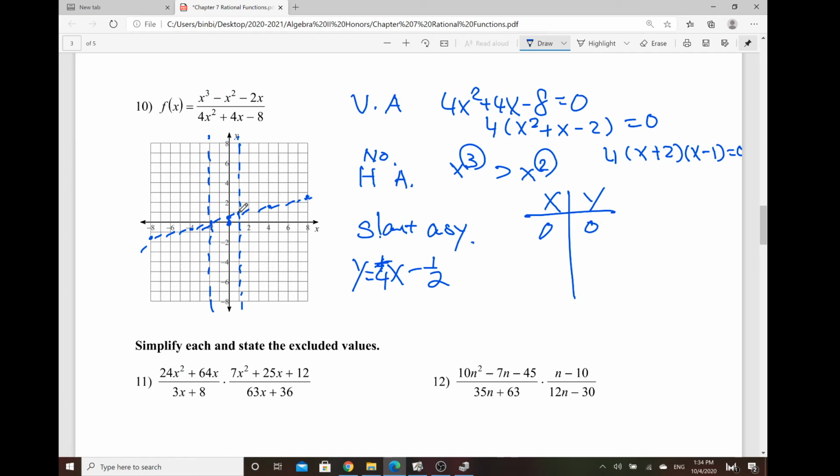And now, what about the other x-intercepts that we can find here? So set y equals 0. Remember, we can always set the numerator equal to 0. So x to the power of 3 minus x squared minus 2x set equal to 0. Take out x. So we do have x squared minus x minus 2, excuse me.